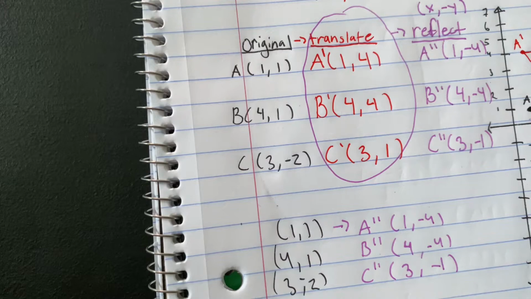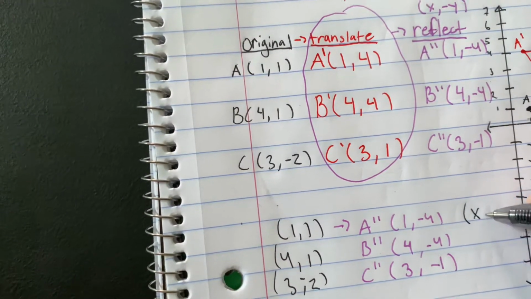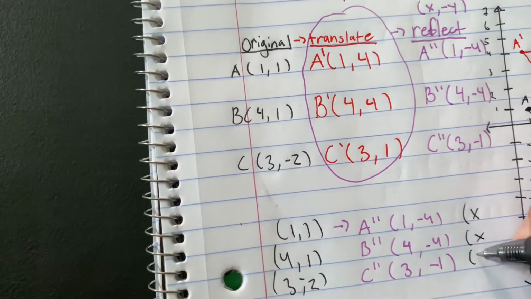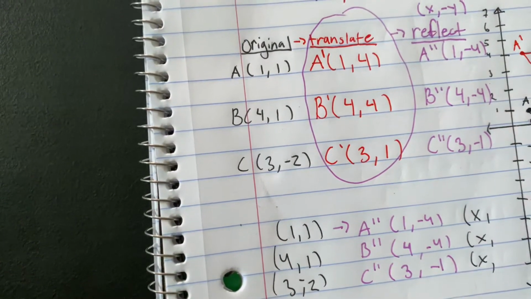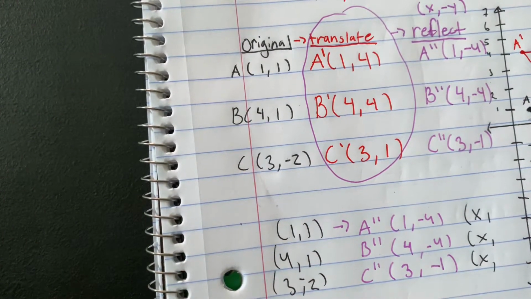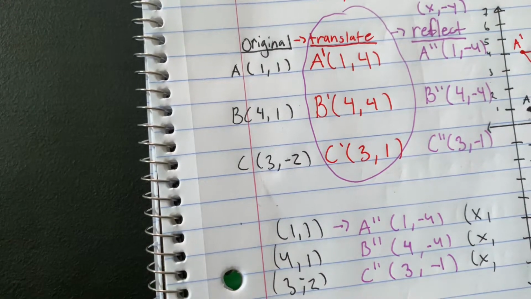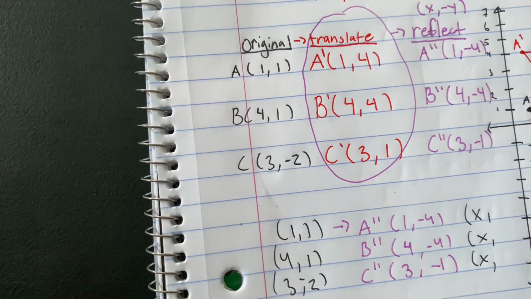So for the pattern for the x value, I don't see any changes. So I would say that the x would just be x, x, x. But what about the y? That one is pretty, there's no significance.